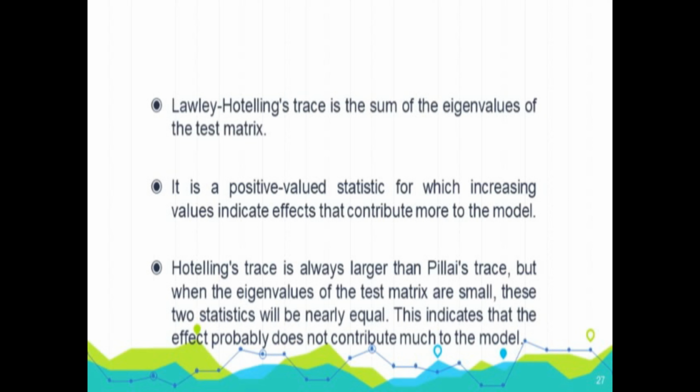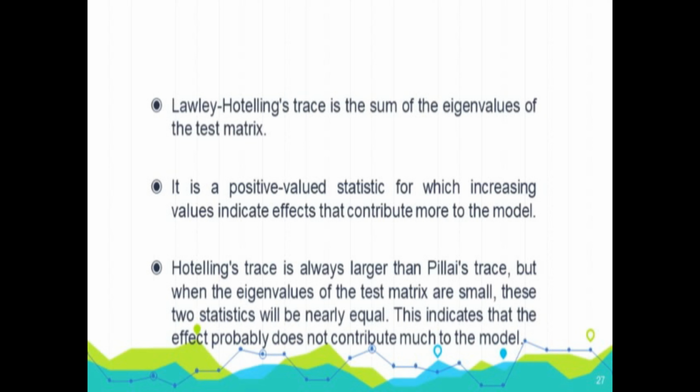And Hotelling's trace is always larger than Pillai's trace, but when the eigenvalues of the test matrix are small, these two statistics will be nearly equal. This indicates that the effect probably does not contribute to the model.